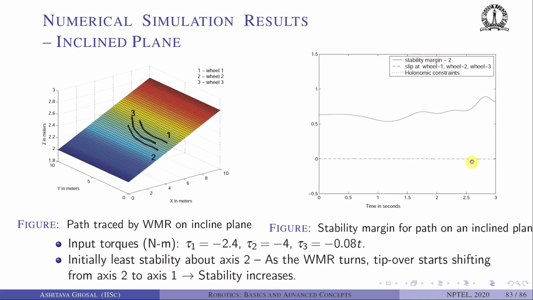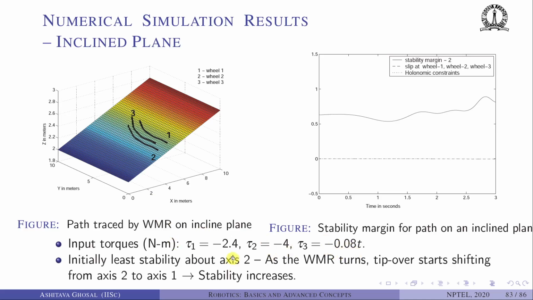Remember, they are like 10 to the minus 7. So the stability margin here is also away from 0. This wheeled mobile robot on this inclined terrain is still stable for these kinds of inputs. Tau 1 is minus 2.4, tau 2 is minus 4, and tau 3 is 0.08 t.